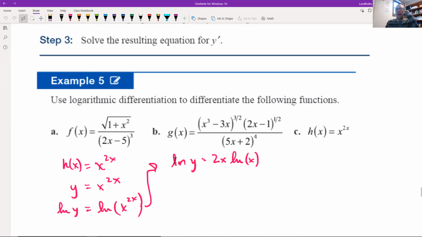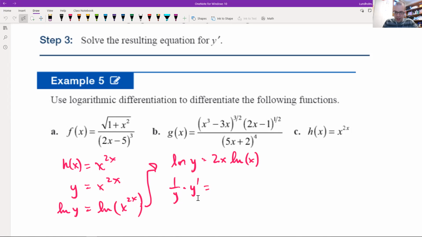So if we implicitly differentiate now on both sides with respect to x, on this side, we're going to have 1 over y times y prime for that natural log.